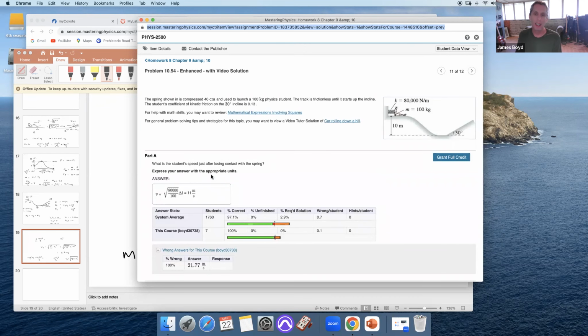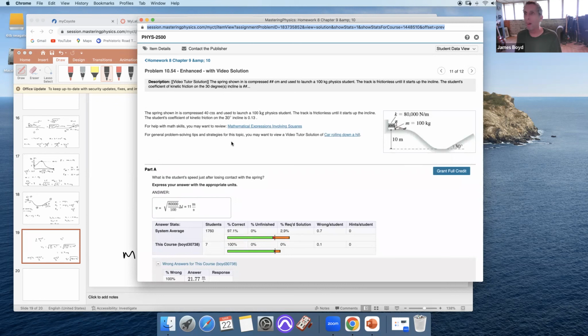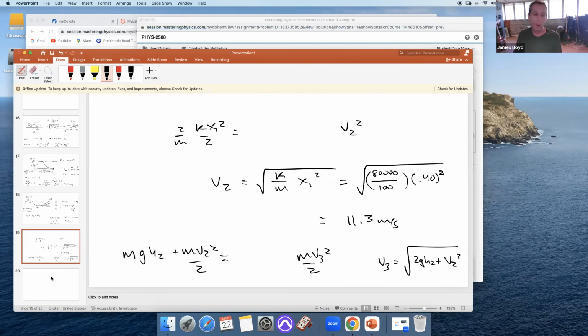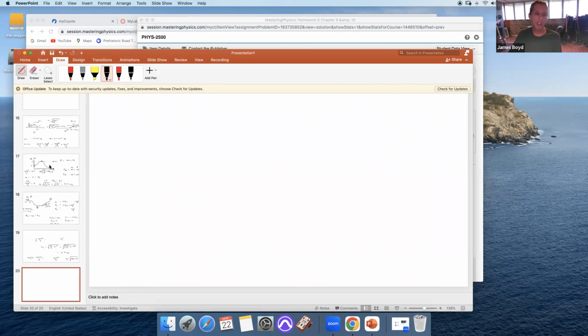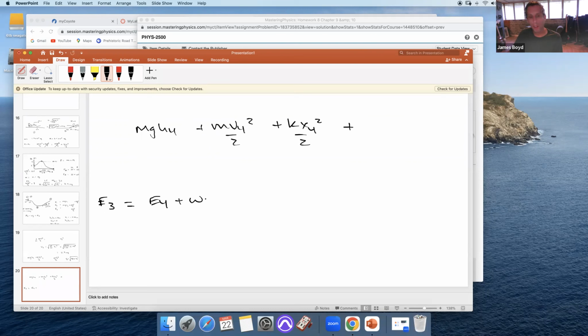And this is a little weird, okay? It's a little hard because I don't know what they mean by how far up. Do they mean the height or along the incline? I'm going to assume they mean along the incline. So the energy at 4 is mgh4 plus mv4 squared over 2 plus kx4 squared over 2, and energy 3 is equal to energy 4 plus the work of friction.